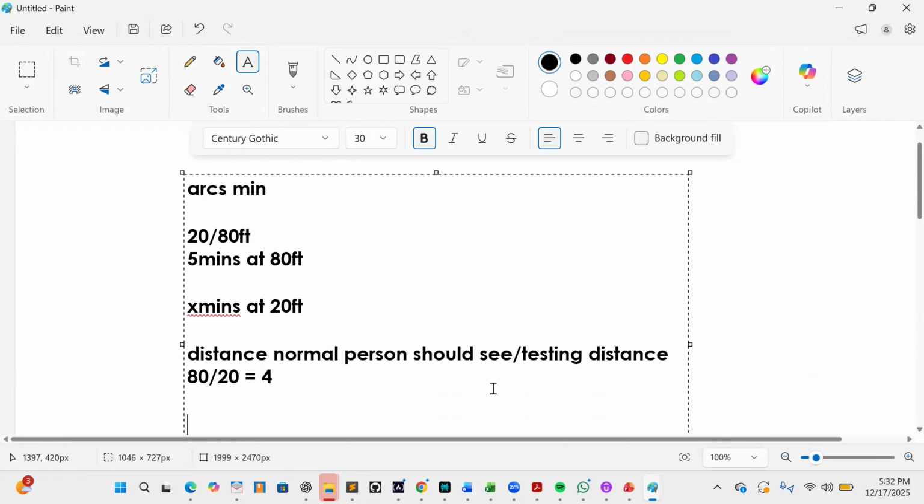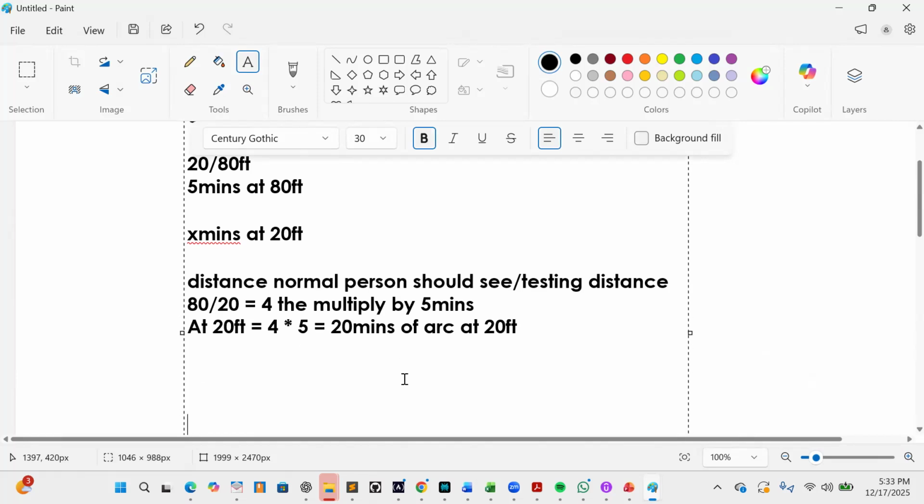So you now multiply that value by 5 minutes per optotype. So at 20 feet for that question, we get 4 multiplied by 5, and so it's now 20 minutes of arc at 20 feet.